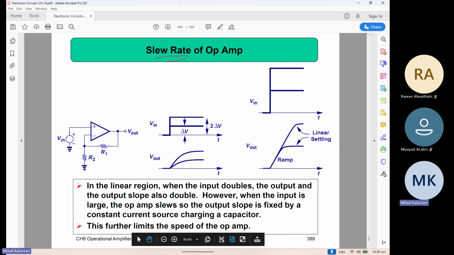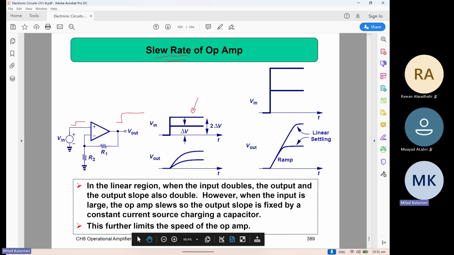So we have several cases for the op amp once you apply a step function at the input. First, let's assume the step function, the variation, is not too big, meaning a small step you are applying to the input. As you saw earlier, the op amp is not fast, so the output ideally should be like a step, maybe with some gain.